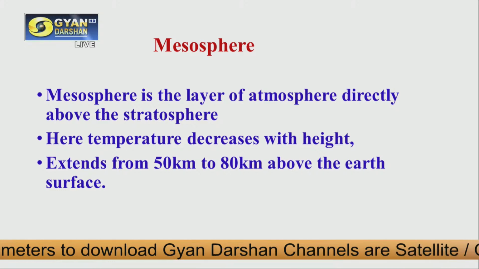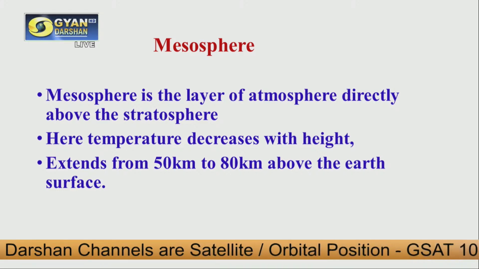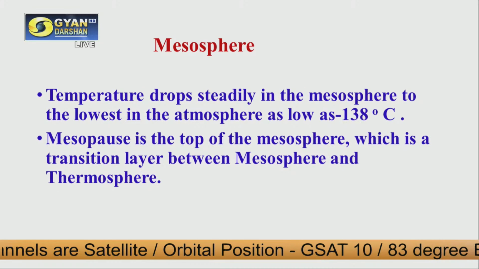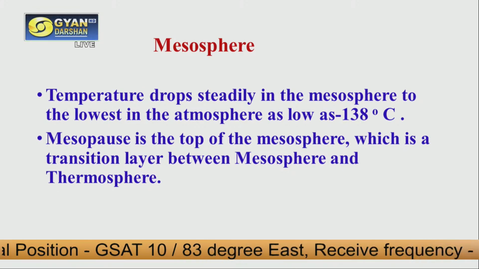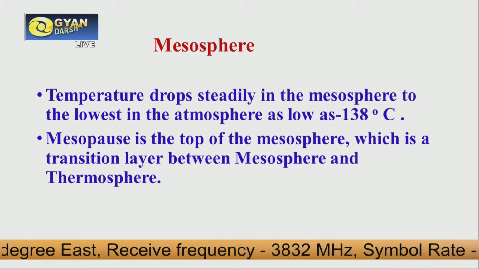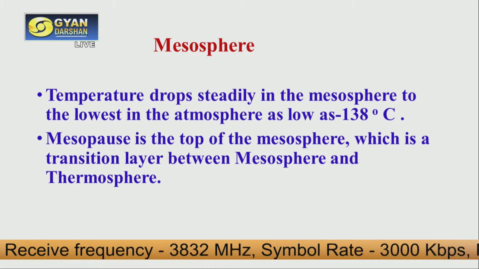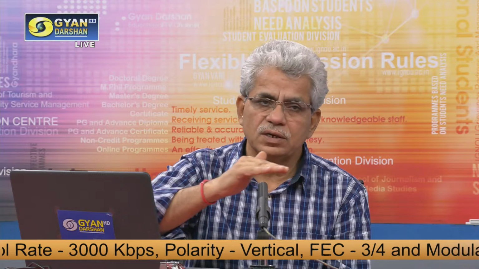It extends from 50 kilometers to 80 kilometers above the Earth's surface. Temperature drops steadily in the mesosphere to the lowest in the atmosphere, as low as minus 138 degrees centigrade. So in this layer the temperature goes to such a low limit, minus 138 degrees centigrade.